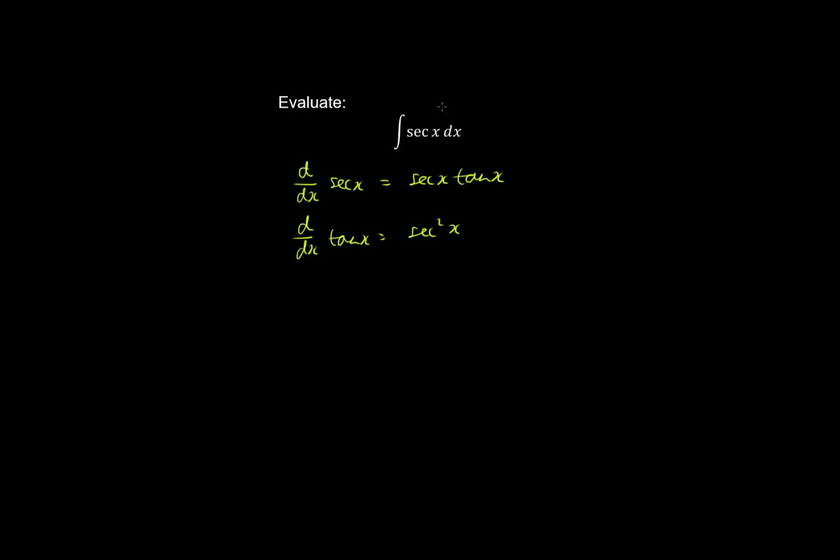So what we're going to do is try to get this in a form where we can use u-substitution. So we can add these together and write sec x multiplied by tan x plus sec x. And to leave this integral unaltered, we're going to divide through by tan x plus sec x. And this is integrated over x.